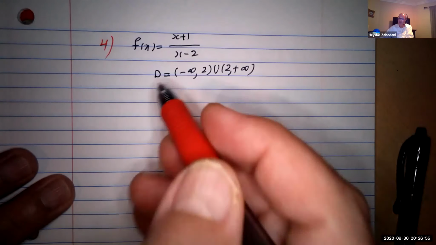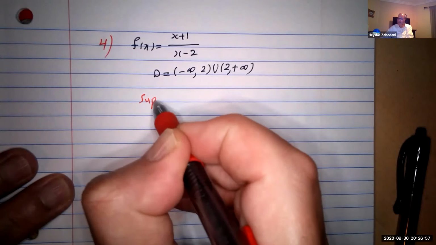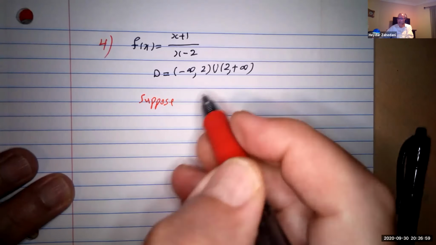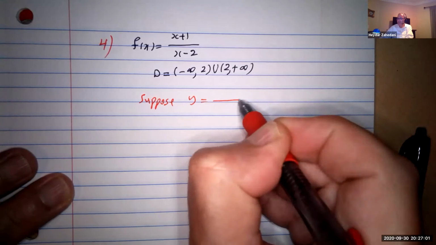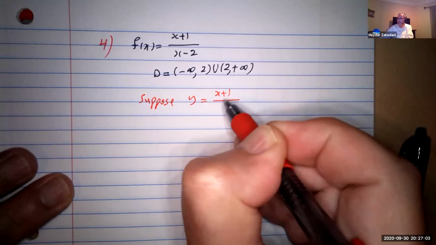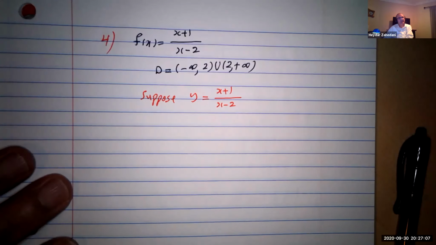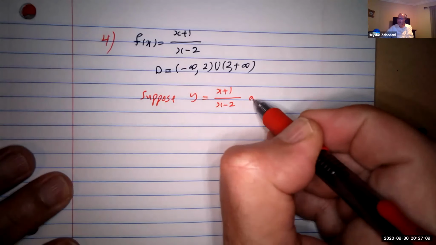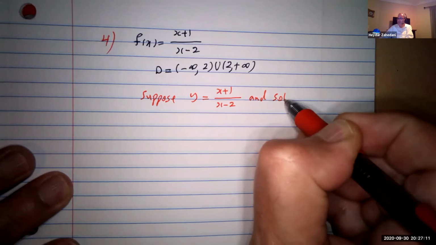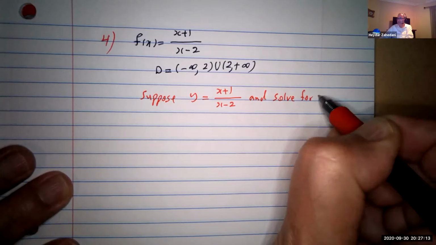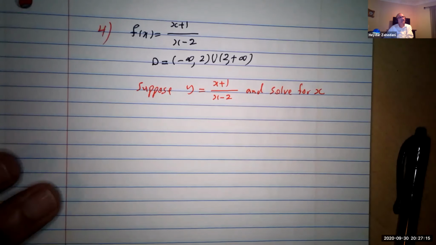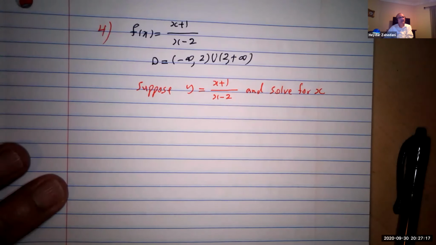As we talked about it, you call it y. Suppose y is equal to x plus 1 over x minus 2. That's going to be the case, and solve for x. Any suggestion? How can you solve this one for x?